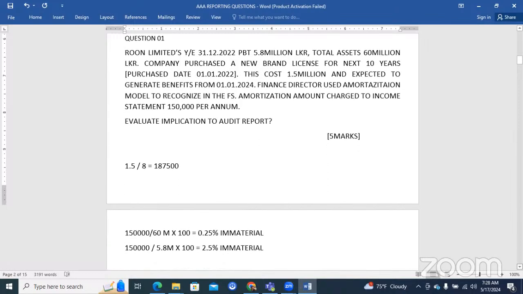See here, 1.5 million divided by 10 years is why it becomes 150,000. You can't divide by 10 years. It is wrong, because the economic benefit started to be derived on 1st January 2024, so the effective useful life is 8 years only. So this 150,000 per annum is a misstatement.